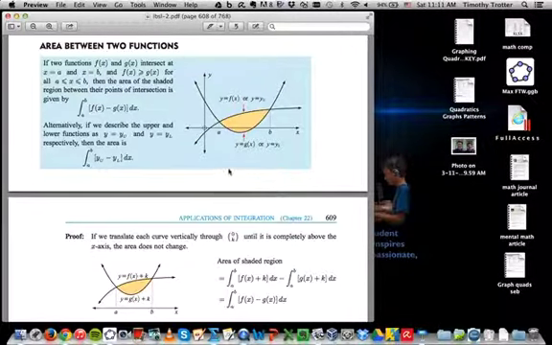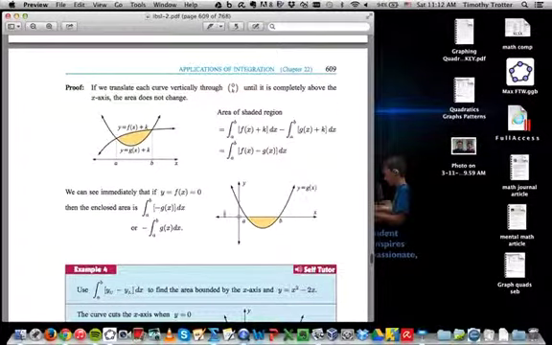The answer is no. We could just do f of x minus g of x from a to b, and it would give us this total area. It wouldn't subtract this area down below. And why is that? Well, the difference between these two functions is going to compensate for this area down below here.